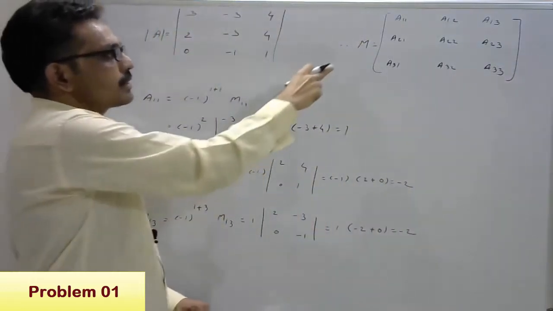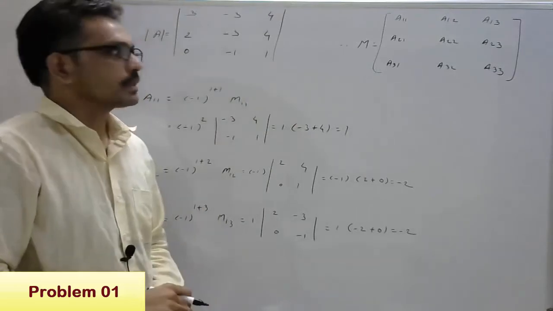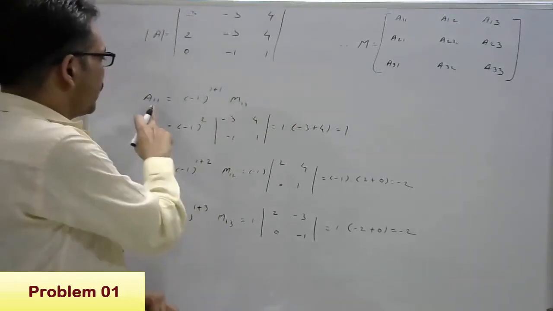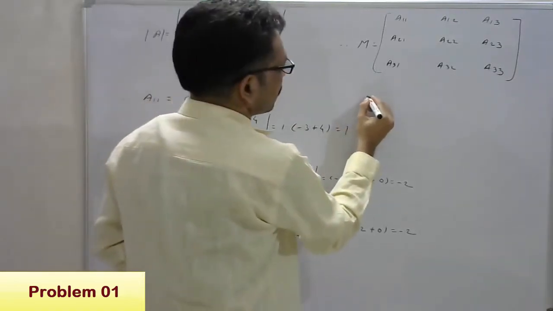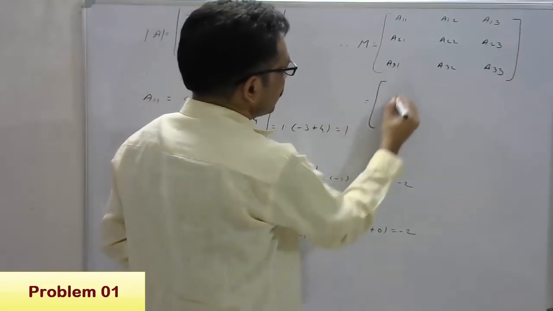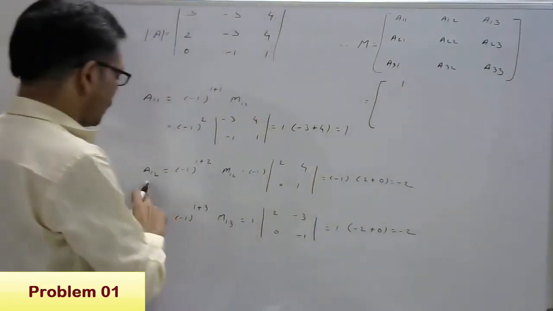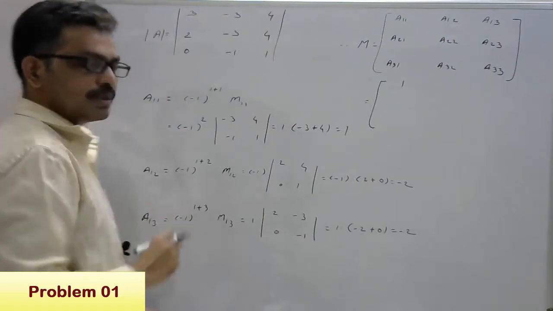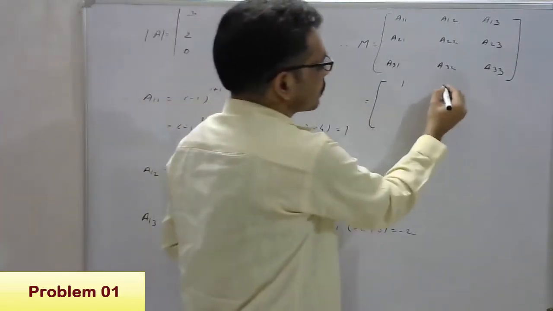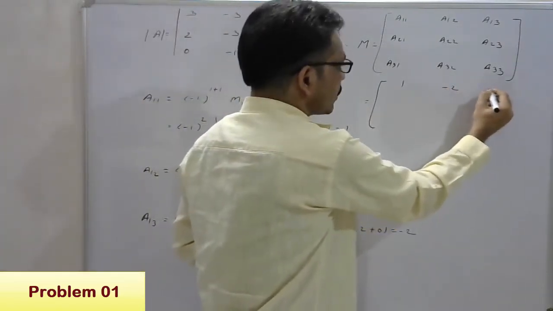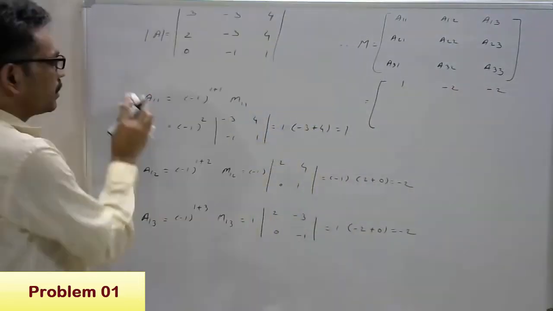The matrix of cofactors of the elements: A11 is equal to 1, A12 is equal to minus 2, A13 is equal to minus 2.